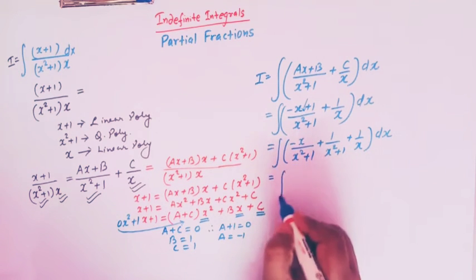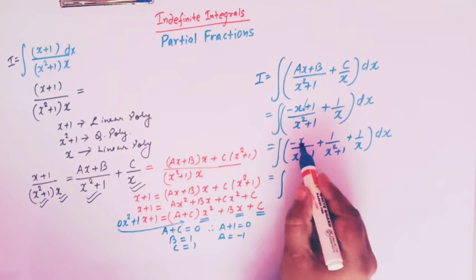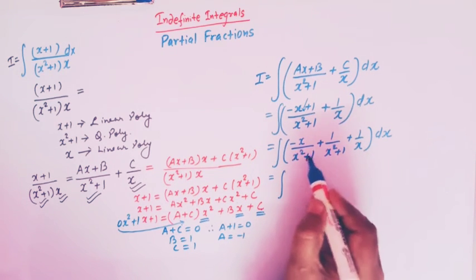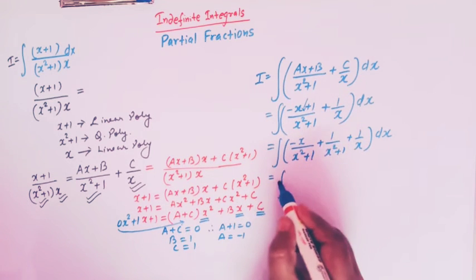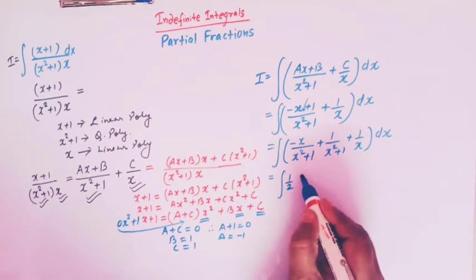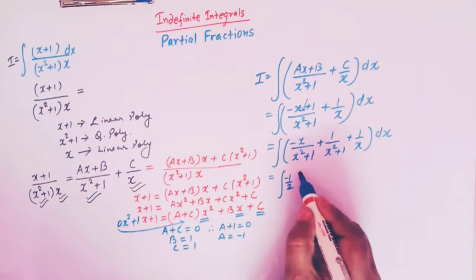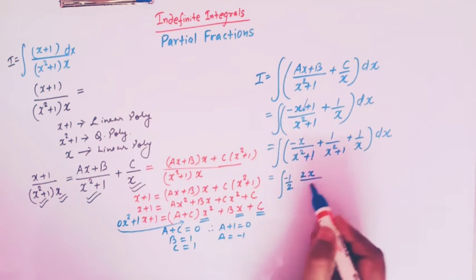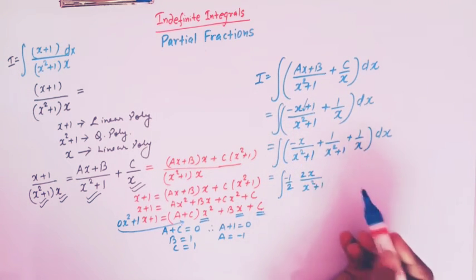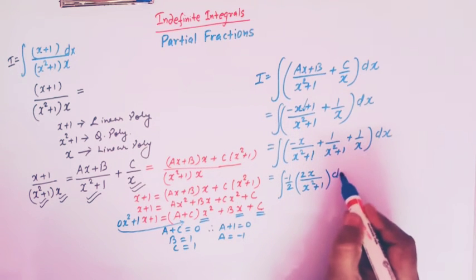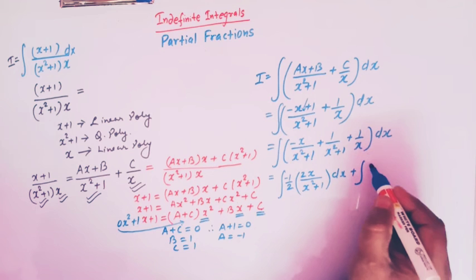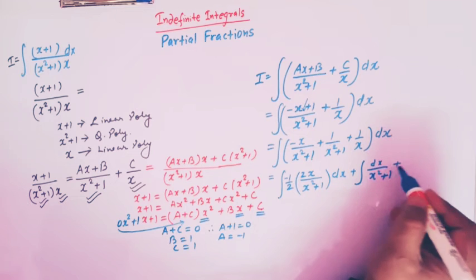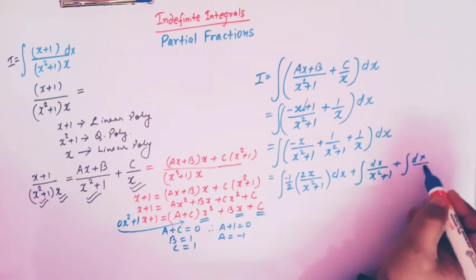Now here we have x, and in the denominator x squared plus 1. The derivative of x squared plus 1 is 2x. So we will take minus half, and multiply and divide this x by 2, so we have 2x over (x squared plus 1). And then we have the integral of 1 over (x squared plus 1), and the integral of 1 over x.